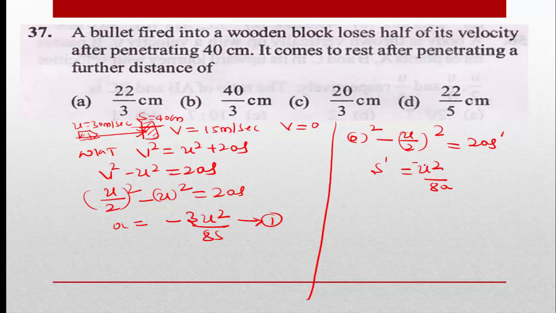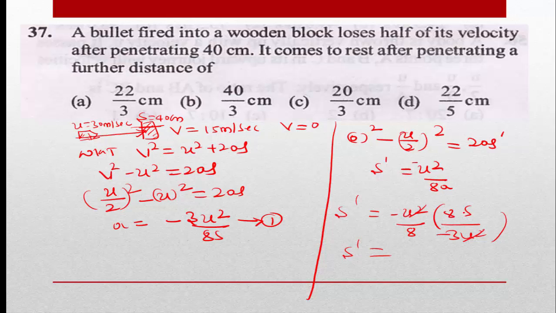Here s dash is equal to minus u square divided by 8 into a, where a is minus 3 u square divided by 8s, that is 8s divided by minus 3 into u square. Therefore, u square and u square get cancelled.